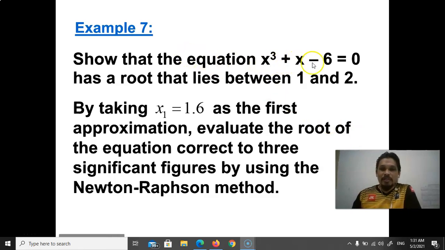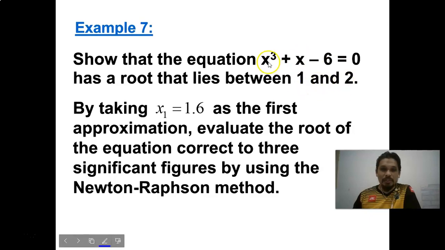Sure, the equation of this here has a root lies in between 1 and 2. So it means that in this case, we're going to substitute 1 and 2 into here. And once we have proved that, by taking x1 equal to 1.6.